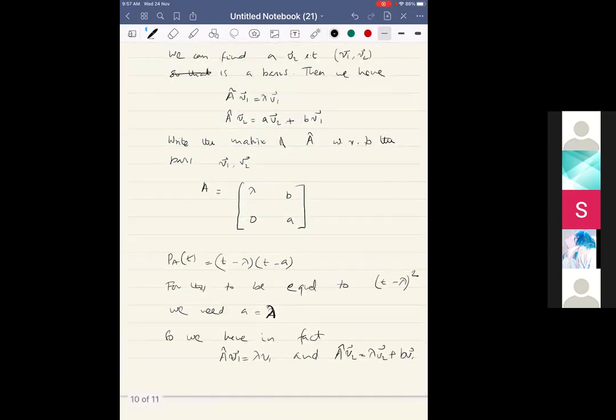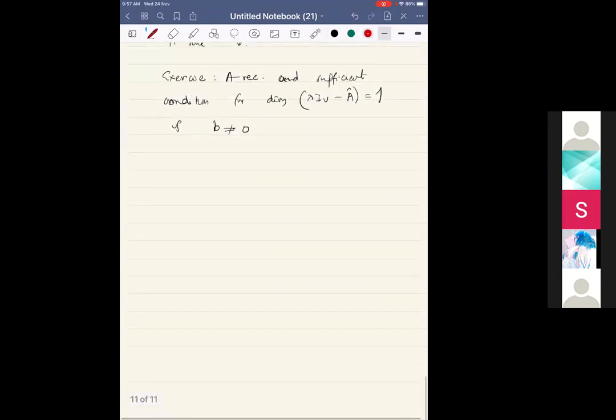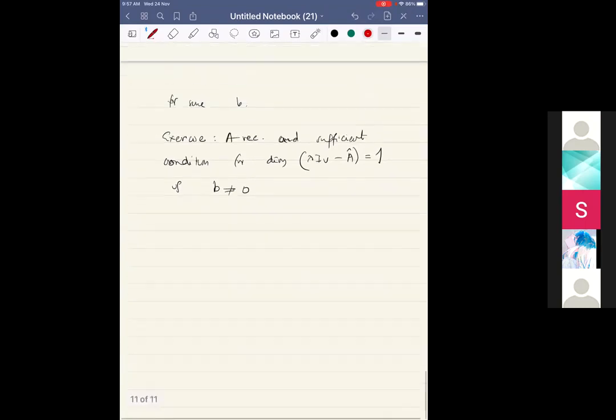This scalar B should be non-zero. So this is an exercise.